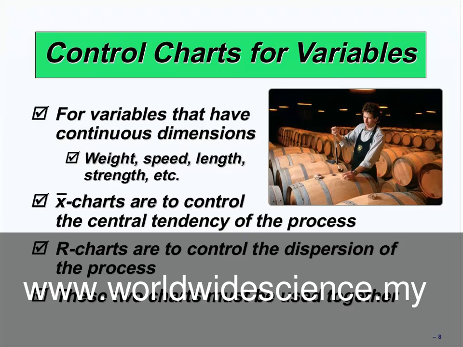X bar chart and R chart have their own formulas, and we will see which one should be considered by the operation manager. Please let us see the next slide.